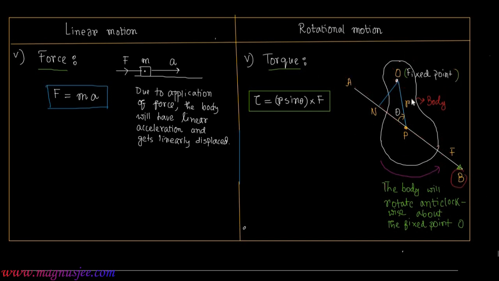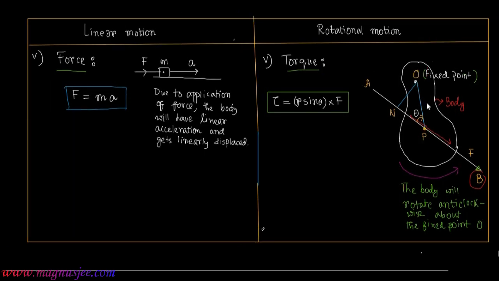R is the oblique distance OP, and theta is the angle subtended by the oblique distance R with the line of action of force F extended in backward direction.